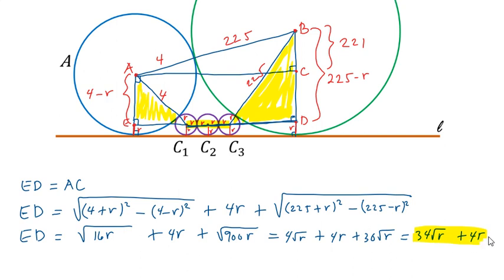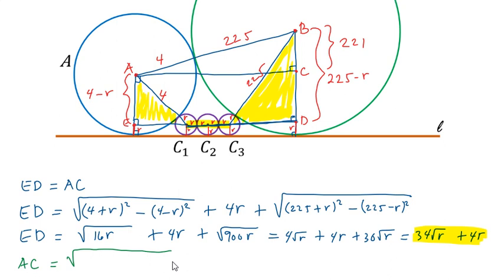an expression or the value of AC. Take note, we can also apply the Pythagorean theorem to right triangle ACB to find AC. Okay, so let's do that. AC is just equal to the square root of AB squared.